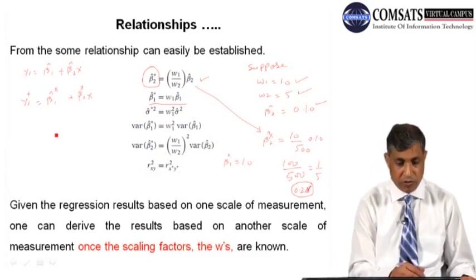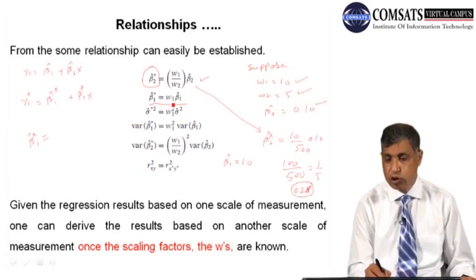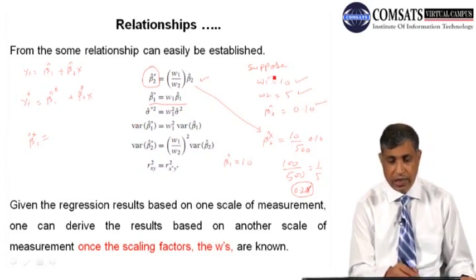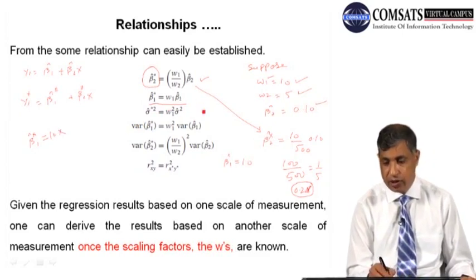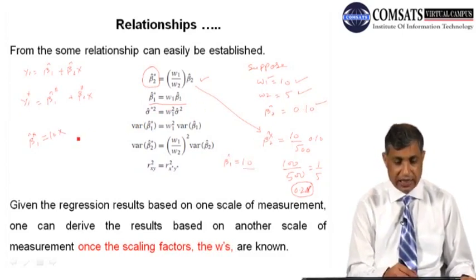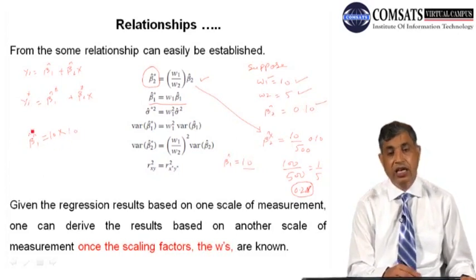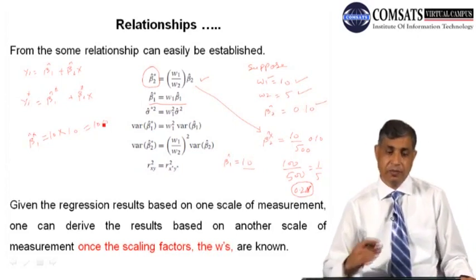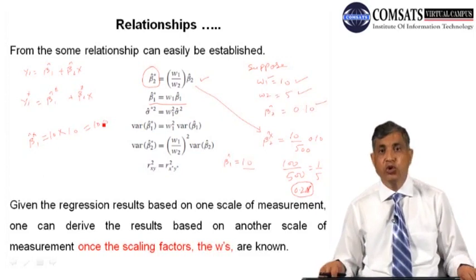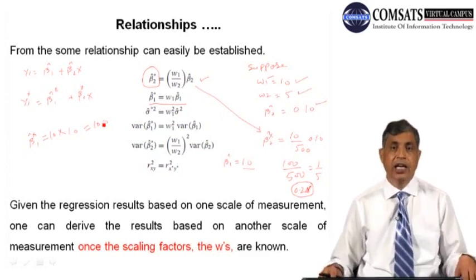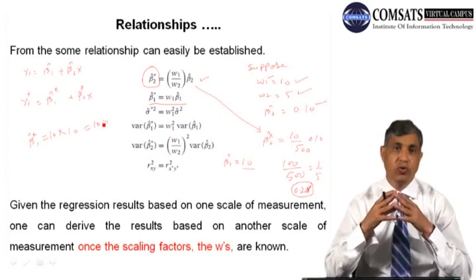Now immediately I can show that beta 1 star hat is equal to w1, which is 10, multiplied by beta 1 hat, which we just supposed is 10, so beta 1 star hat will be equal to 100. In this way much of your effort and time is saved, and you get the result directly. And I think you can reverse these equalities.